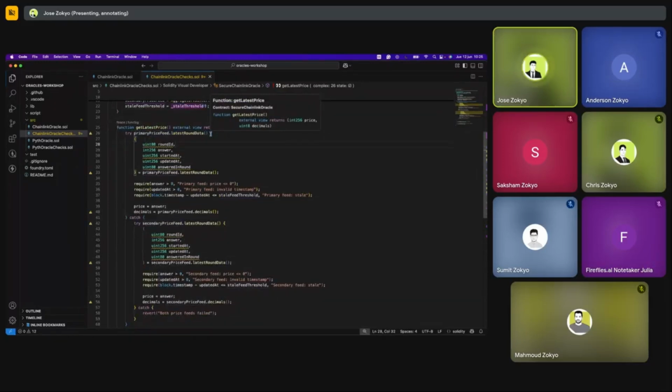This is not something that you should implement every time, because maybe reverting is the expected behavior. But in other cases, I've seen protocols and clients that, in the case of a revert from Chainlink, have a backup oracle, so they could be using a secondary oracle implemented in the catch part.